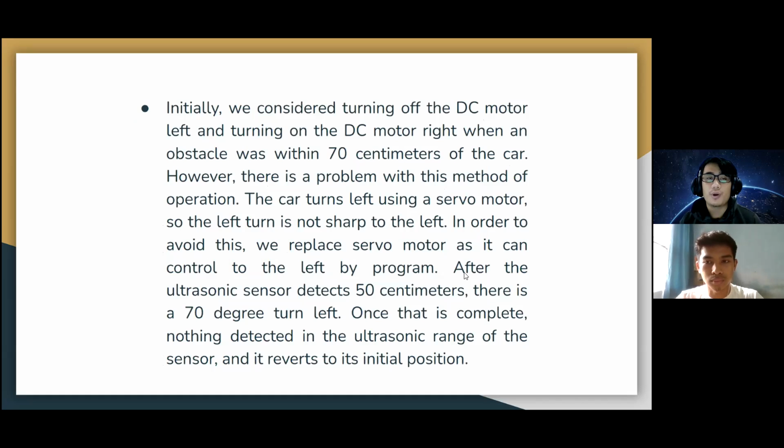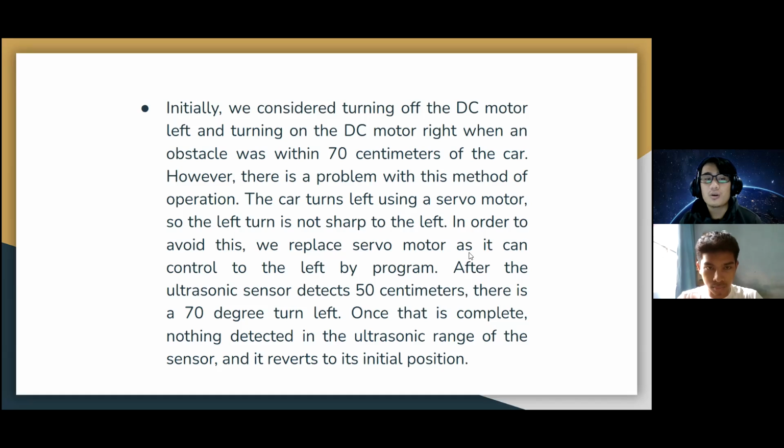Our second point is, initially we considered turning off the DC motor on the left and turning on the DC motor on the right when an obstacle was within 70 centimeters of the car. However, there is a problem with this method of operation. The car turns left using a servo motor, so the left turn is not sharp.